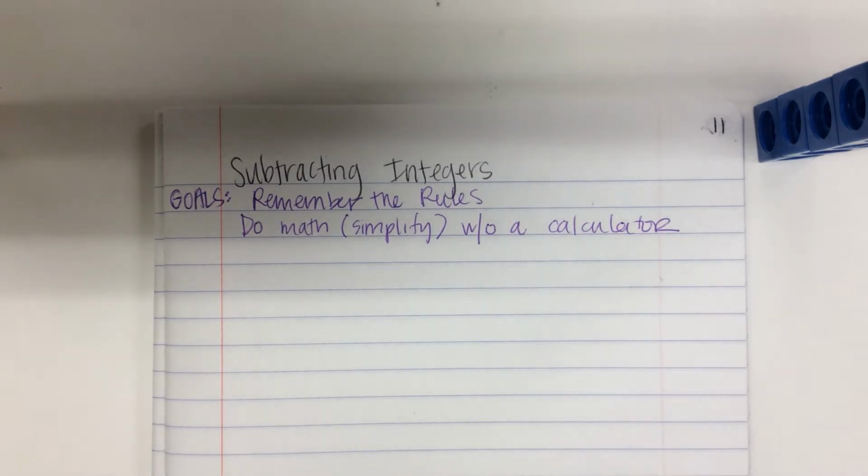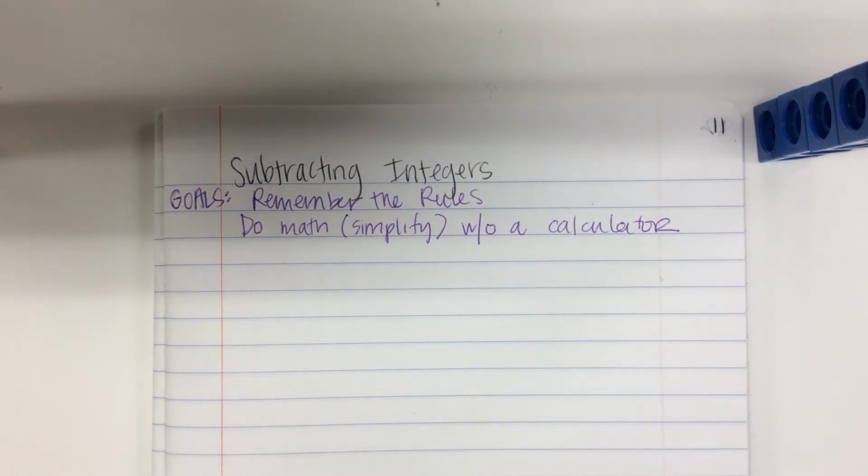So when we finally do start using a calculator and you get an answer, you can say, yeah, that looks about right. Or you can say, no, that didn't make sense. I should probably type it in my calculator again because that solution doesn't make sense.